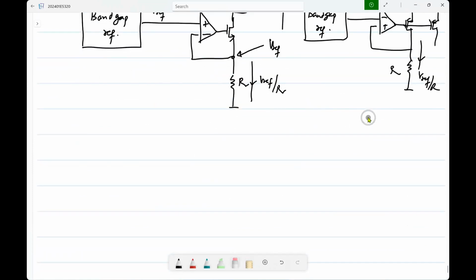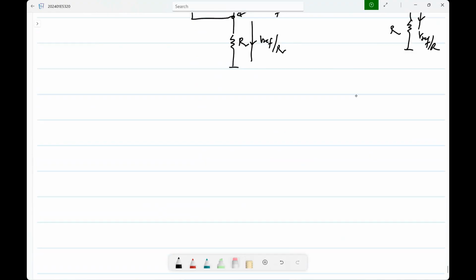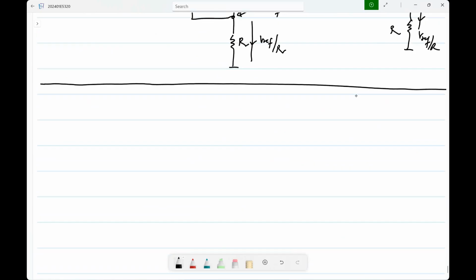Now, is there some other way also? How did we come up with the bandgap reference voltage? What was the idea? That is the circuit. What did we do? We had a VB that was falling with temperature, and to that we added this PTAT, which was increasing with temperature. Now, is there some other way of getting this current reference also?